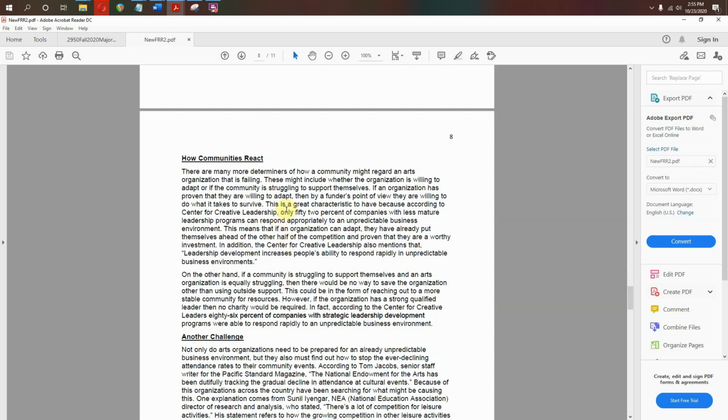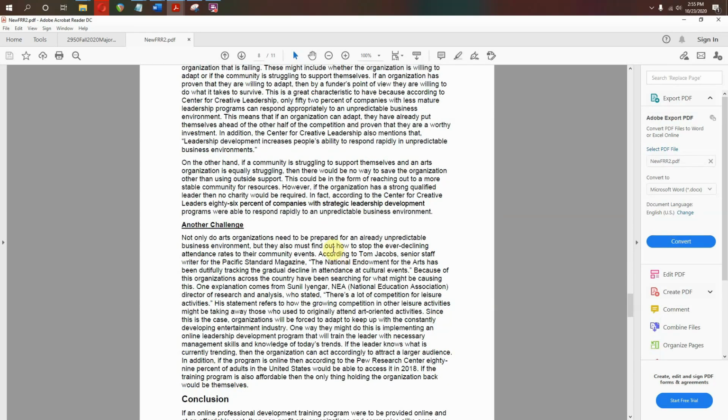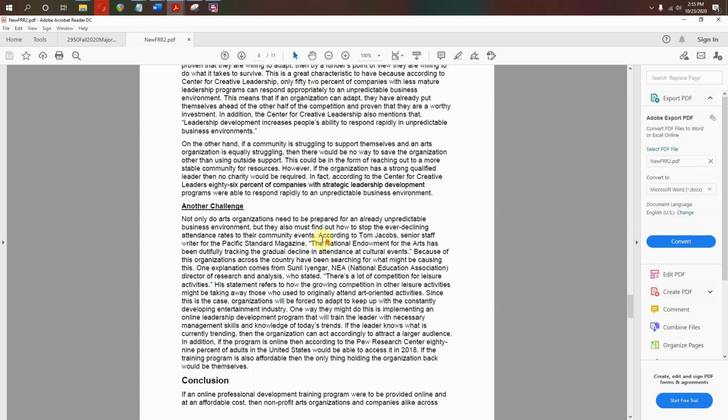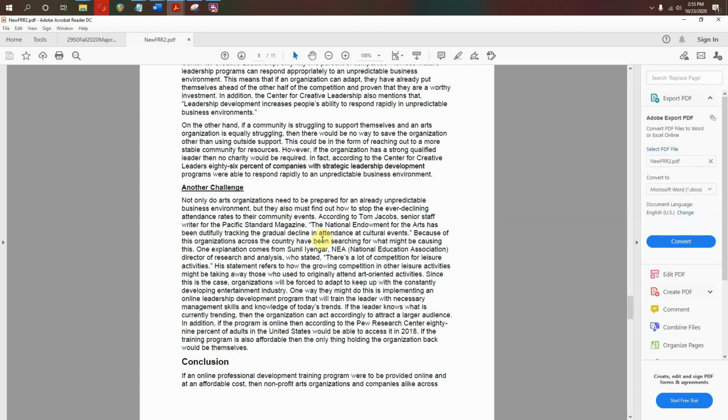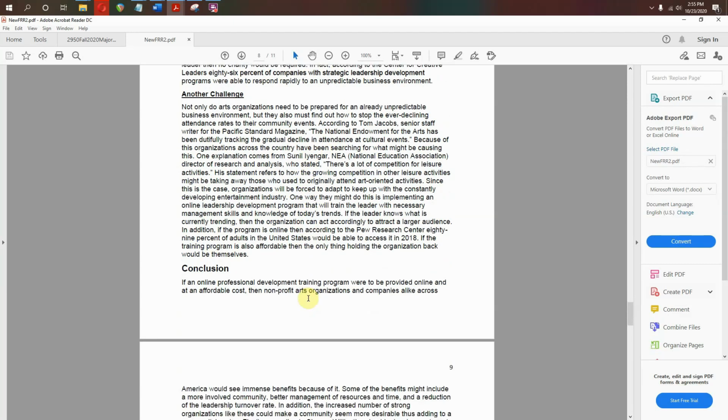The how communities react section seems to be another, let's see, general trends thing. Another challenge. Not only do arts organizations need to be prepared for an already unpredictable business environment, but they also must find out how to stop the ever-declining attendance rates. Okay. Well, that is a problem. But we don't really have any solutions here.